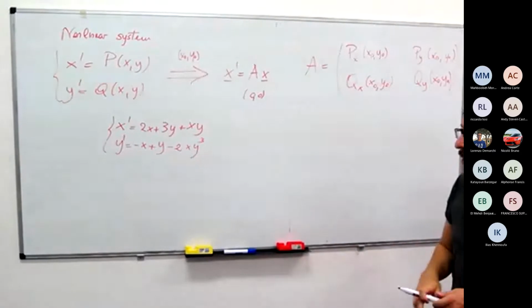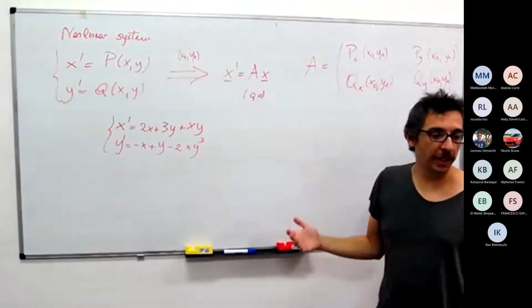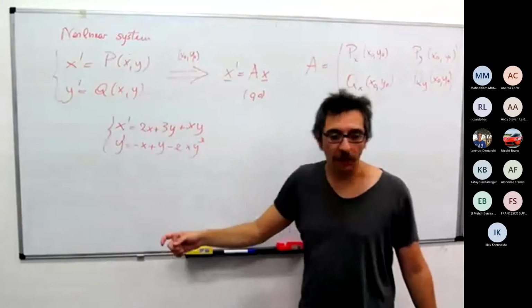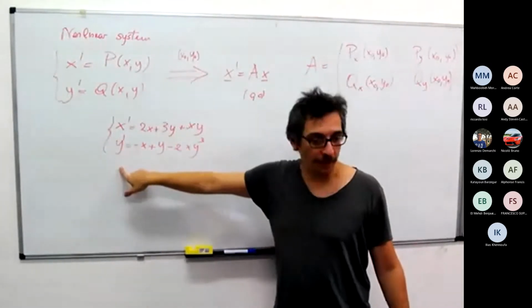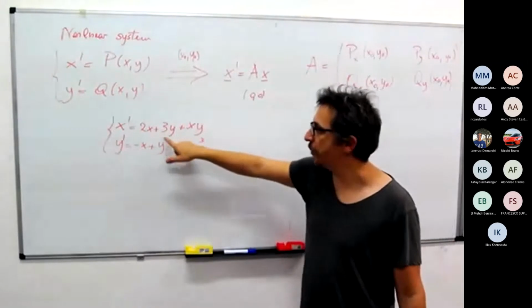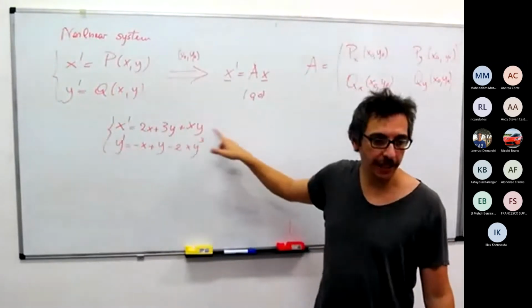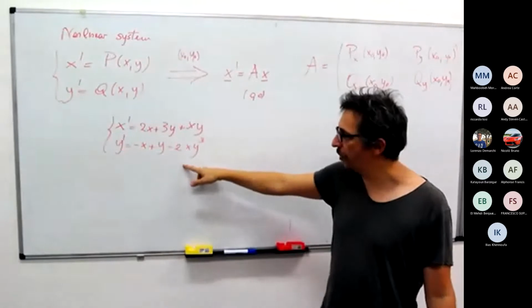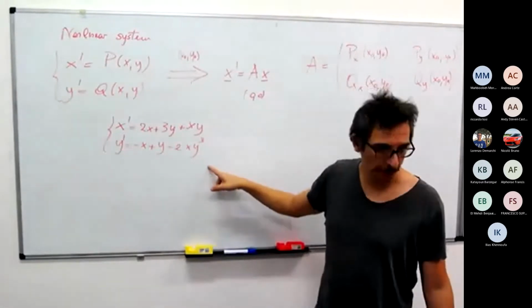And in order to find the critical point, the procedure is always the same. So what I have to do is to put equal to 0 the derivatives, x prime and y prime, and I have to solve this system. So I have to solve 2x plus 3y plus xy equal to 0, and minus x plus y minus qxy cubed equal to 0.